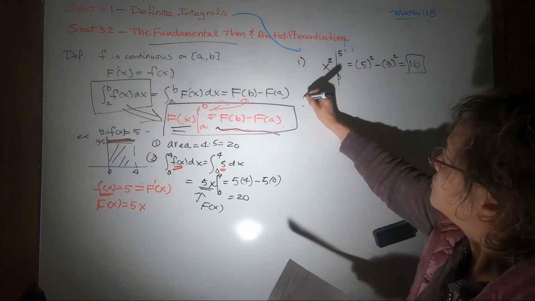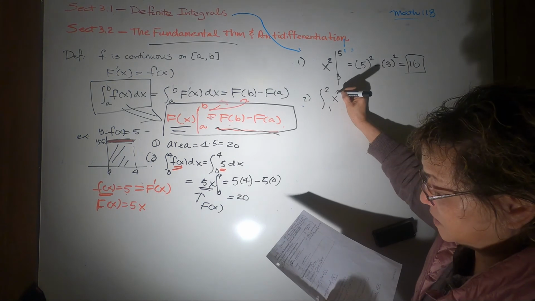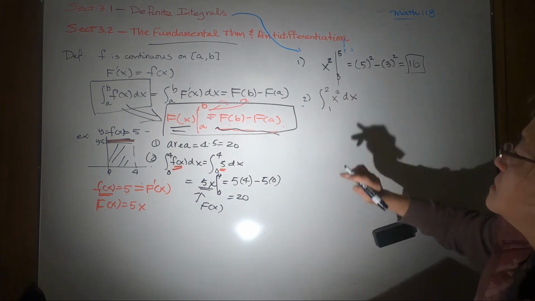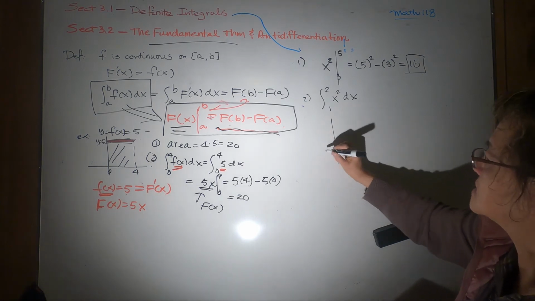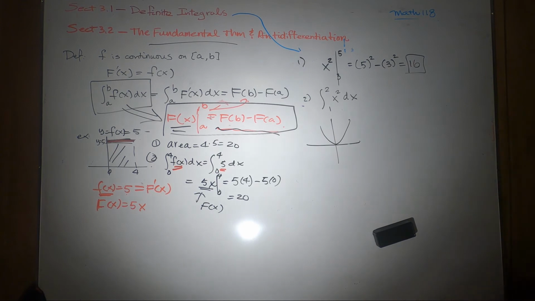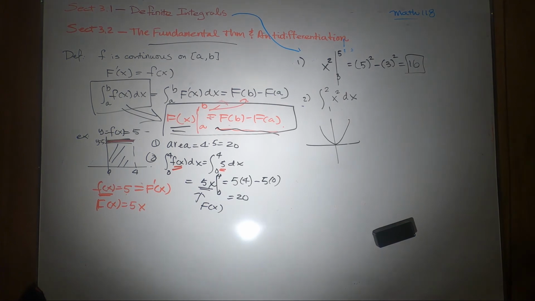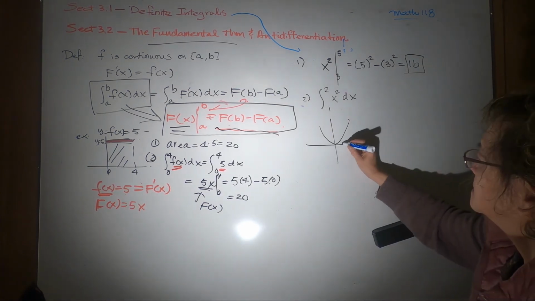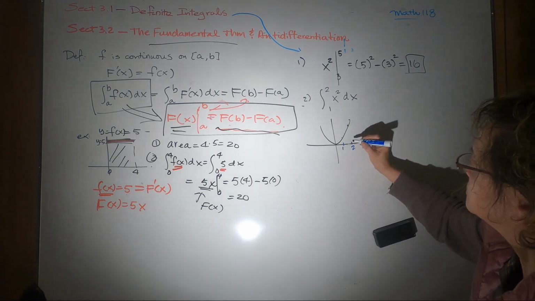Okay, so if we have the integral from 1 to 2 of x squared dx, what does that mean? The x squared function is a parabola that opens up. From 1 to 2 means x is 1 and 2.